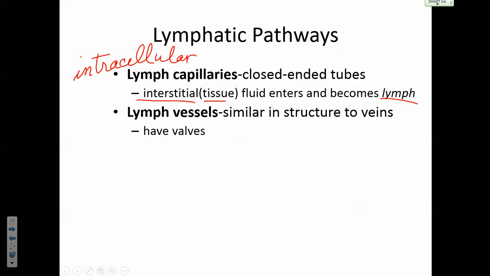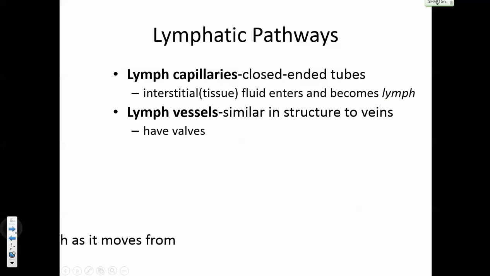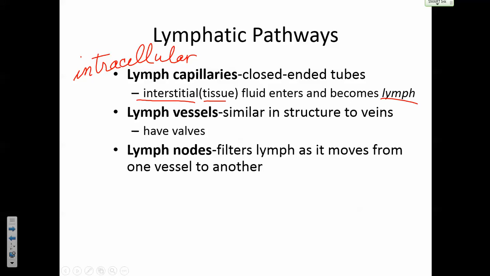All right, and then from there, the lymph capillaries join into larger lymph vessels. We just call these lymphatics or lymph vessels. Structurally, they're a whole lot like veins in that they have valves. And those are the ones that empty into lymph nodes. So you've got lymph vessels on either side of a lymph node.